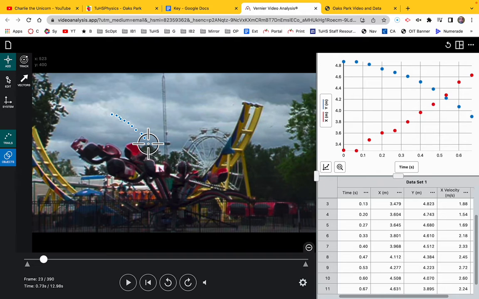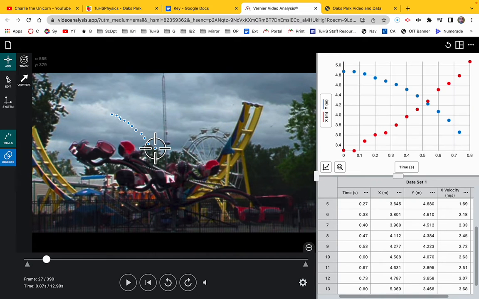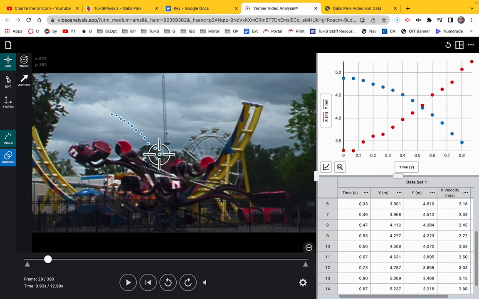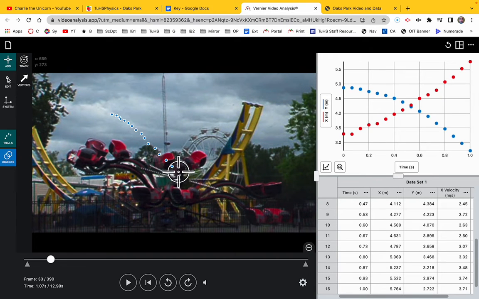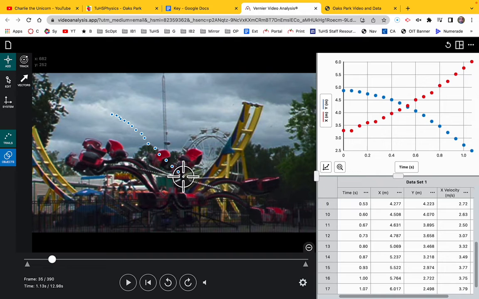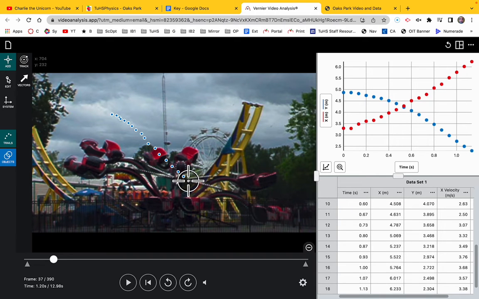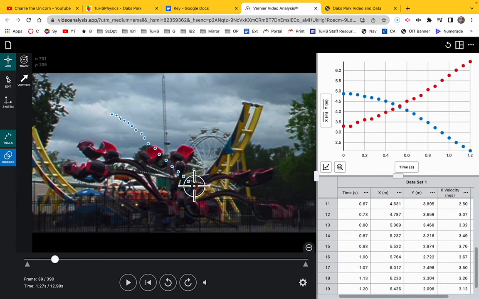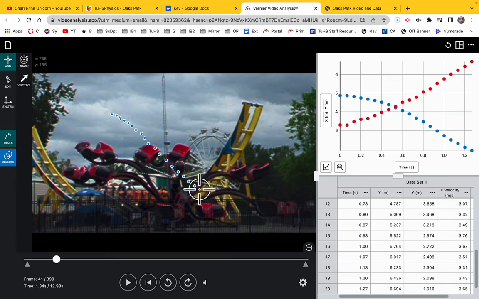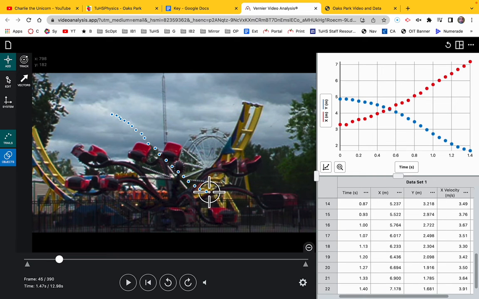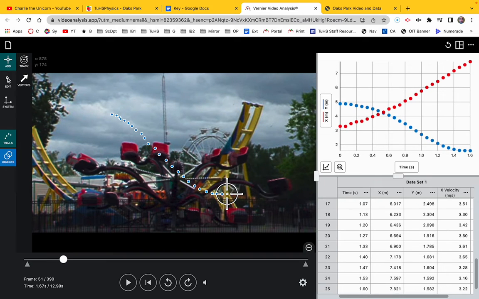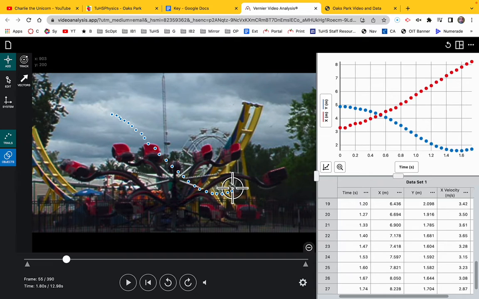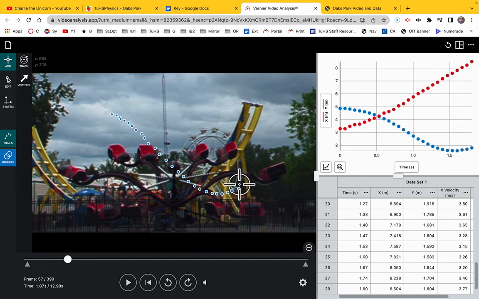It's moving to the side as well. Okay, so there I am. I've got the car, it's gone down. It's about to go up, I feel like. It's also getting farther away from us as it goes around, so you want to get them as they go along the front.